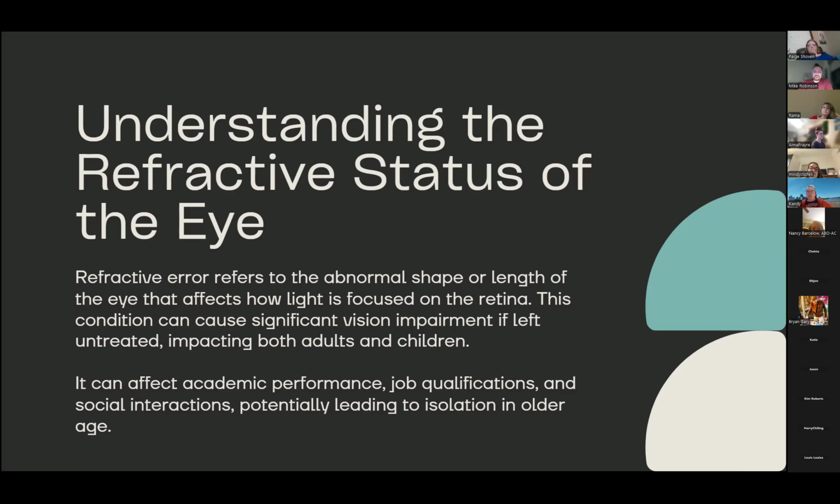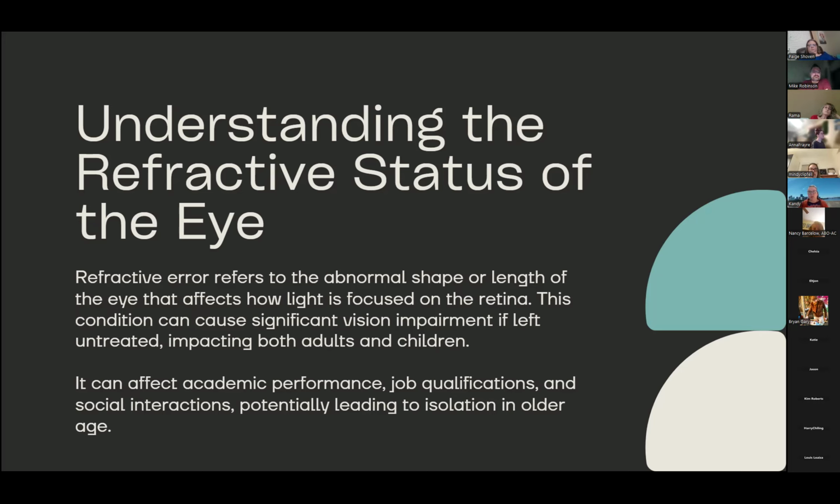Refractive error refers to the shape of the eye and it affects how the light focuses on the retina. Any of the following conditions can cause vision impairment impacting both children and adults, leading to poor academic performance. So the little kids that aren't doing so great in school, the big kids that aren't doing great in school, job qualifications.